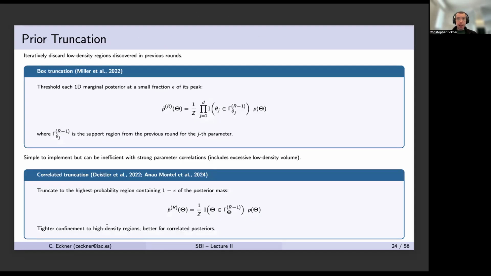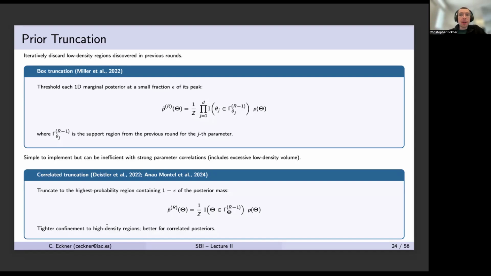So prior truncation is the simpler approach, because what you do is you just iteratively discard the low density region that you obtained in the previous round in terms of your posterior. So let's say you obtained a certain posterior in your first round for each of the parameters you're looking at, and then you can zoom into this posterior range where a certain mass of your inferred parameter should sit.